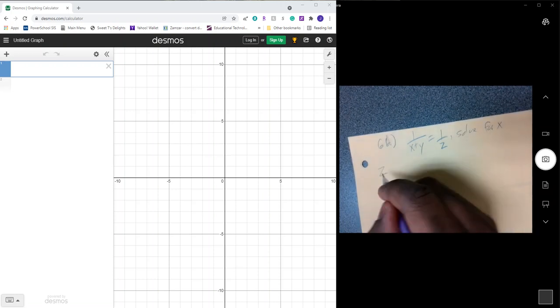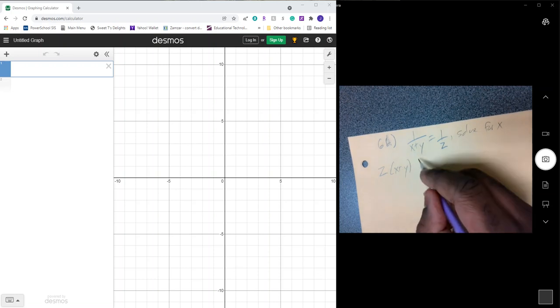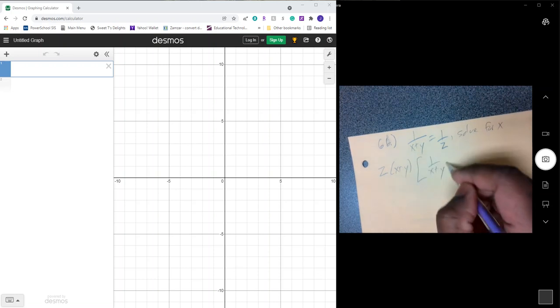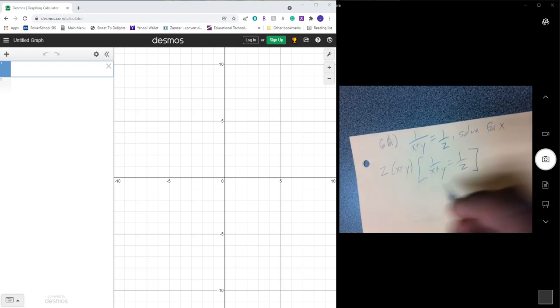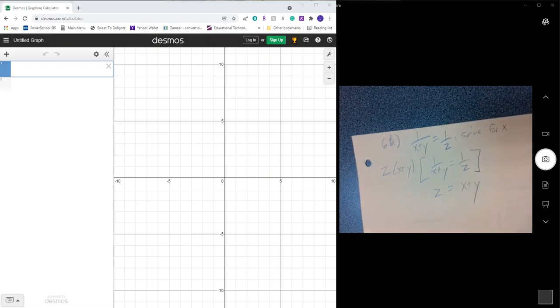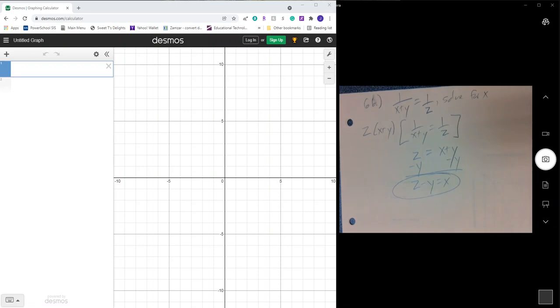So we'll multiply everything by z times x plus y. So the x plus y simplify out, and we'll have z is equal to, and then these z's will simplify out and leave x plus y. So z is equal to x plus y, and we could subtract y on both sides, and we'll have z minus y is equal to x. And that takes care of 6b.